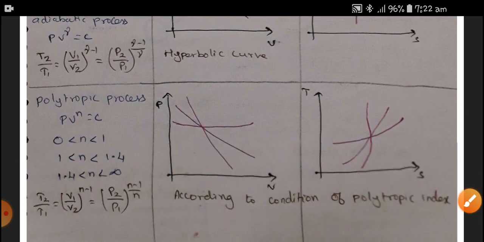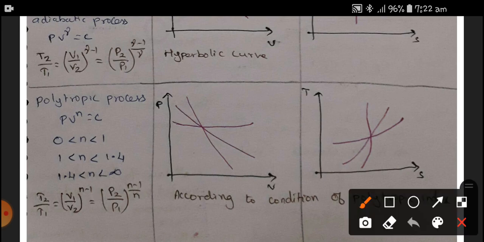Next is the polytropic process, PV to the power n is equal to constant. In this polytropic process, there is no definite PV and TS diagram. According to the condition of n, we have different processes. When n is 0 to 1, the process is like this.